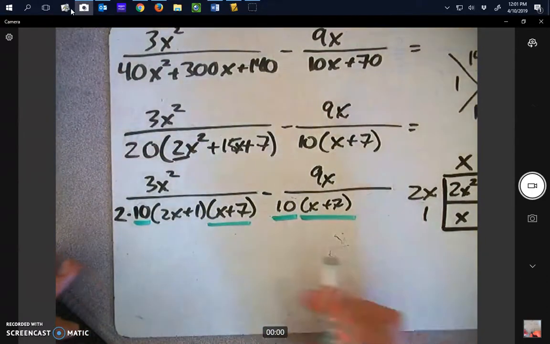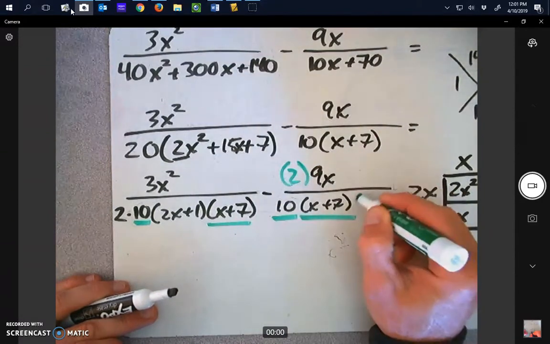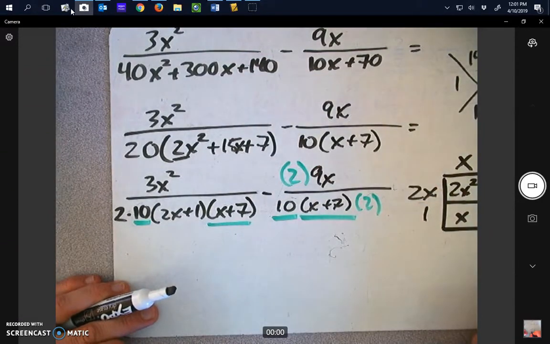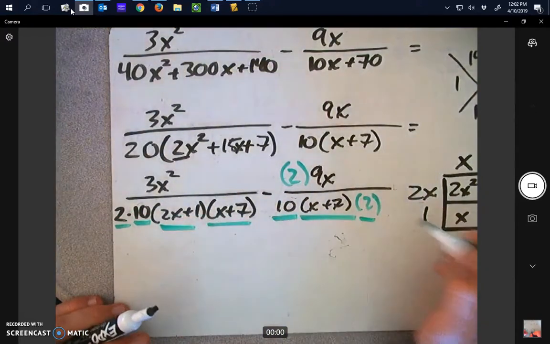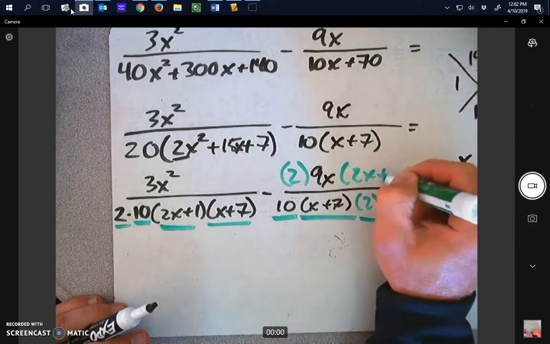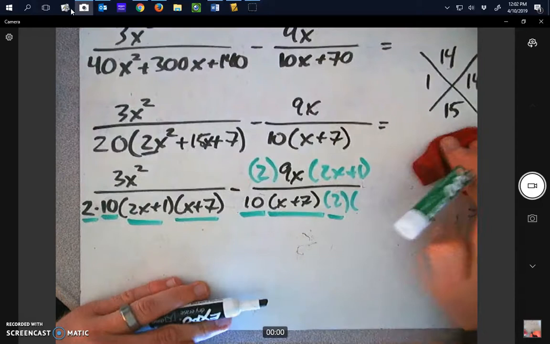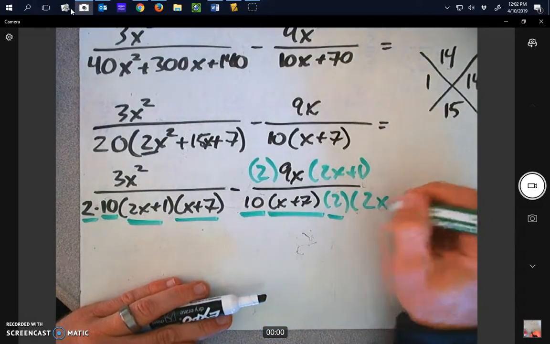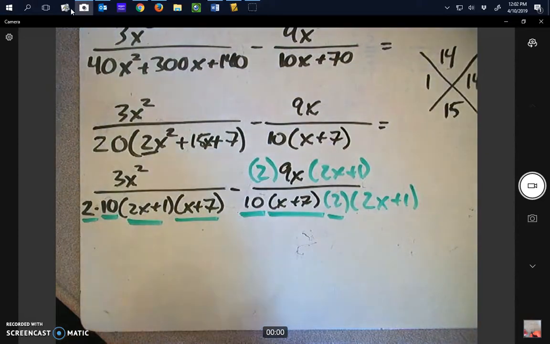So we're going to have to add some things on this side. One thing we're going to have to add is a 2 over 2. So we have that one now. And we need to add a 2x plus 1 over 2x plus 1. I'm going to erase this over here because I ran out of space.